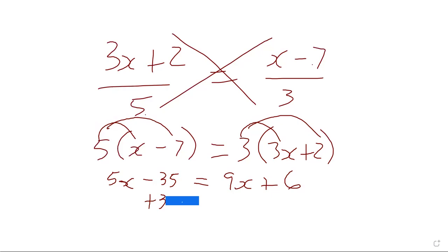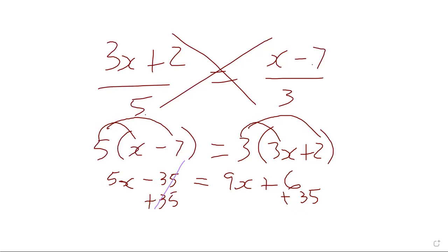Because it's an equation, I'm going to do the same on the right. So this goes to 0. So I'm going to have 5x left alone on the left side equals 9x plus 6 plus 35.